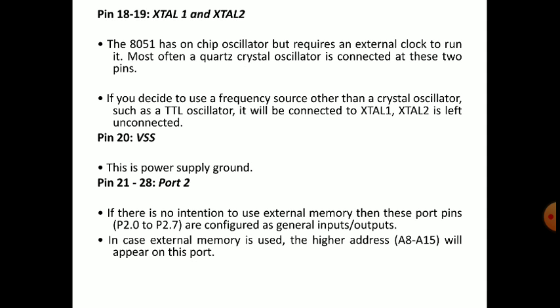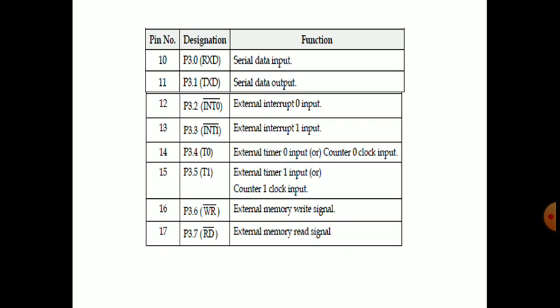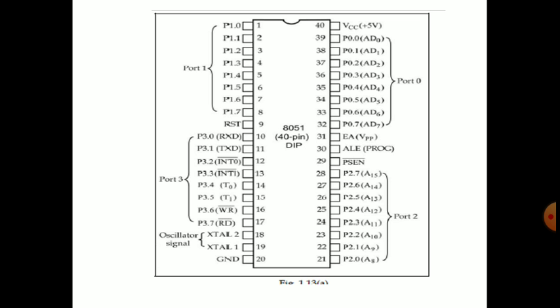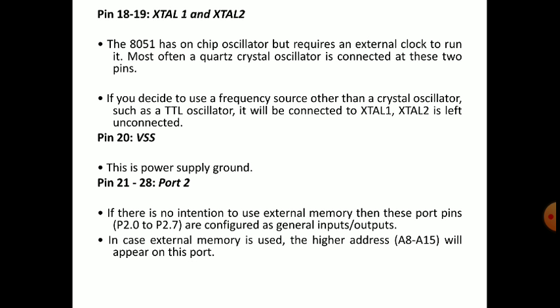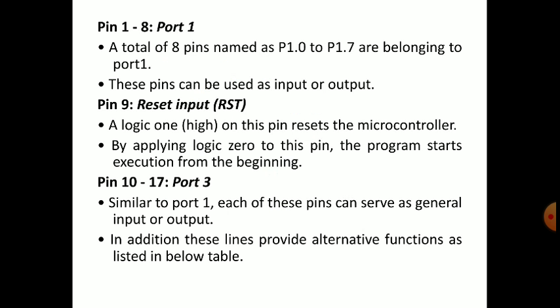And pin 20, that is VSS, the power supply ground, is connected to pin 20, and pin 21 to pin 28, that is port 2. If there is no intention to use external memory, then these port pins are configured as general inputs or outputs.